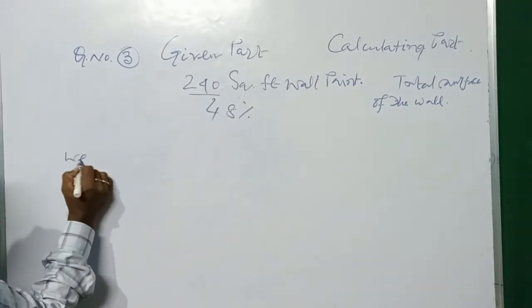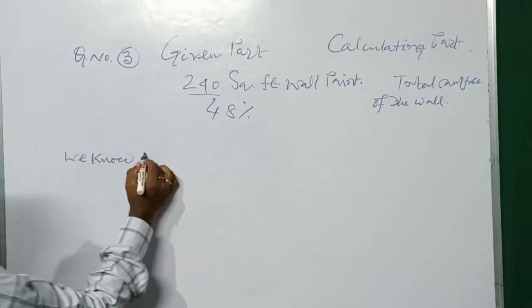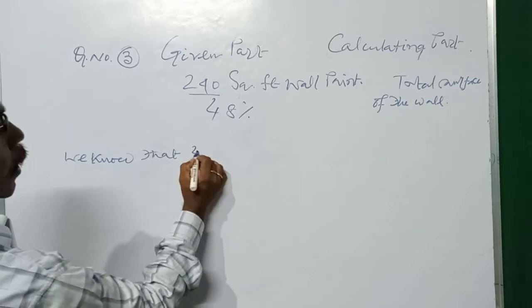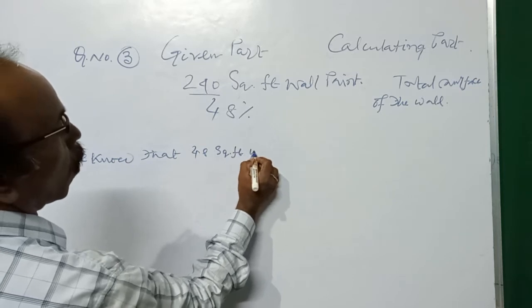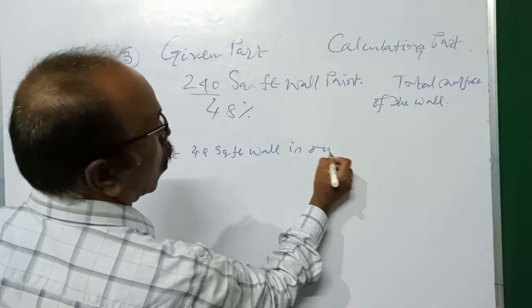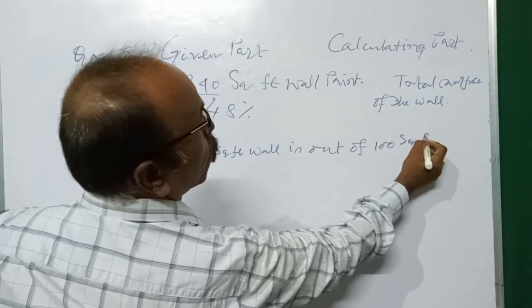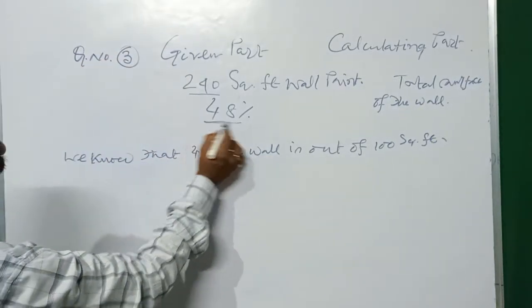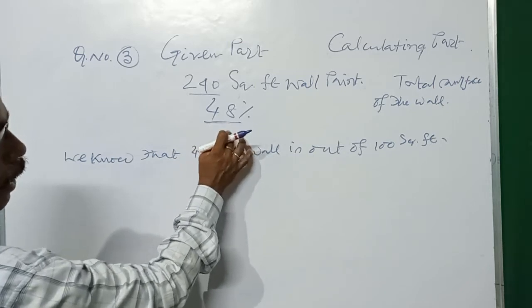We know that 48 square feet of wall is out of 100 square feet. Am I clear? As this is 48%, 48% means 48 by 100.